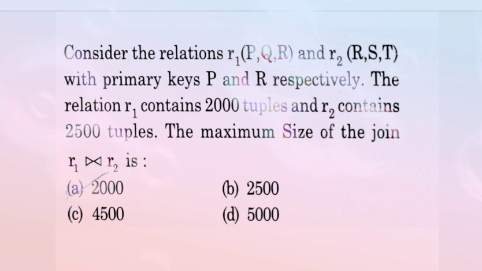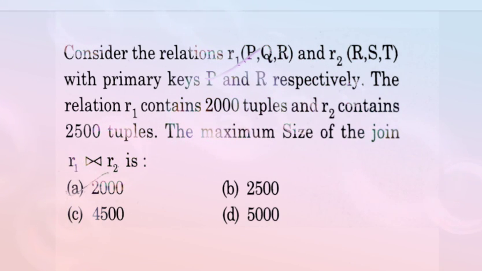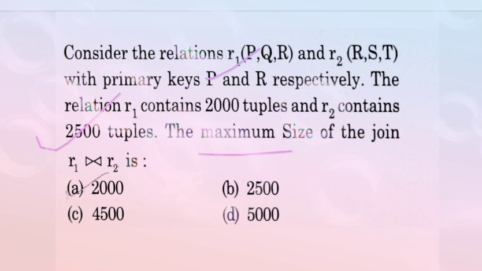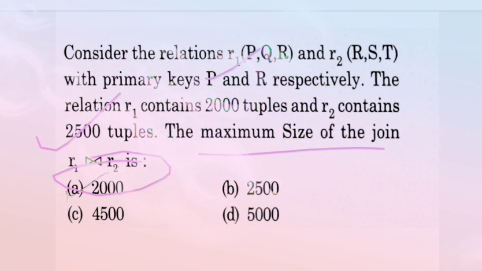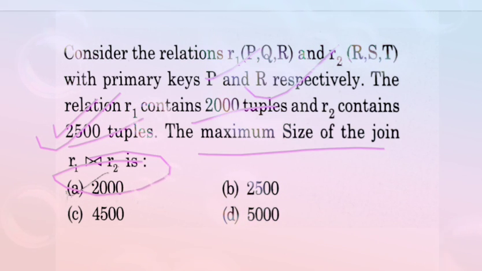It is very simple, because R1 contains 2000 tuples and R2 contains 2500 tuples. So we easily say the maximum size of this join is 2000. We consider only common terms between R1 and R2, and 2000 is common between them. So we say that 2000 is the correct answer.